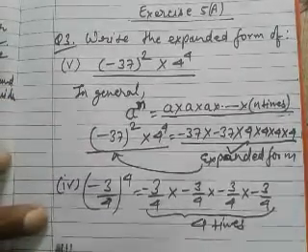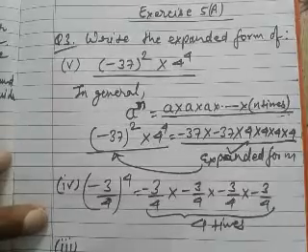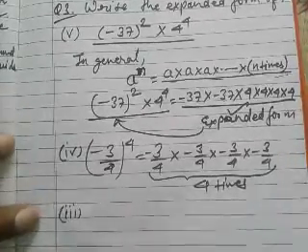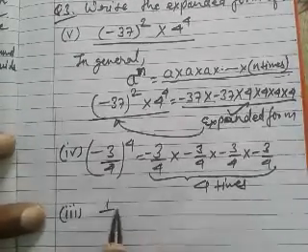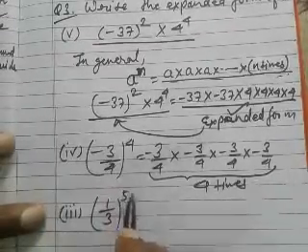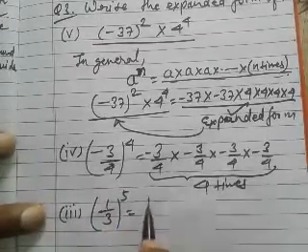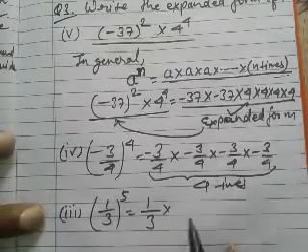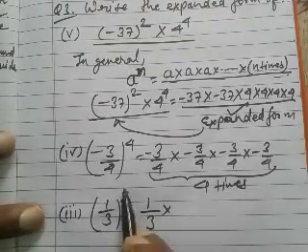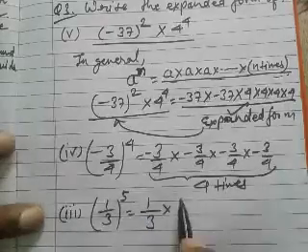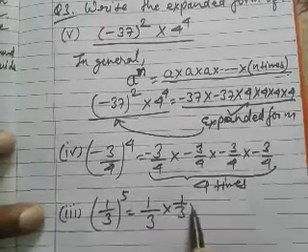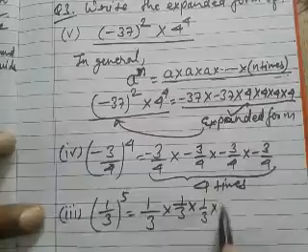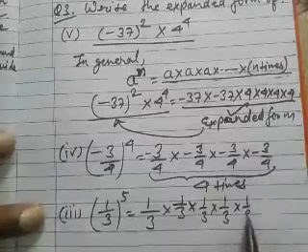Next question is 1 by 3 raised to the power 5. It means we have to write 1 by 3 five times: 1 by 3 multiply 1 by 3, 1 by 3, 1 by 3, 1 by 3.